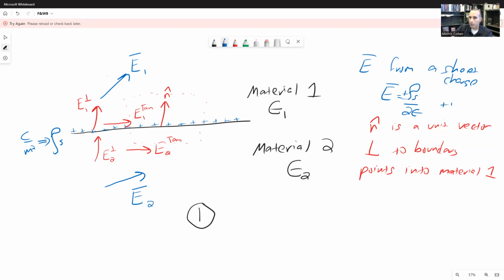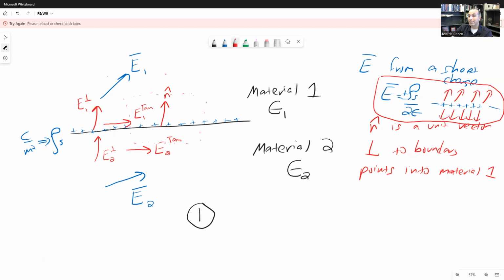In particular, if you've got charges like this that extend infinitely far in all directions, you're going to get electric fields that flow away from it, which means it's upwards on the top side of this sheet, and it's flowing downwards away from it on the bottom side of this sheet, right? So that's what you're going to need to sort of figure out how the charge density fits into this.